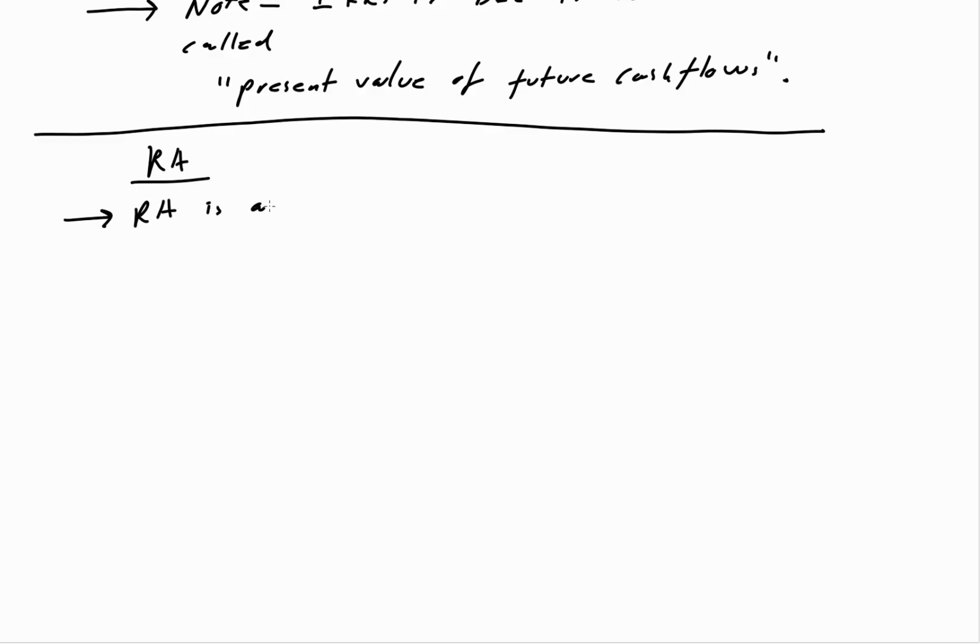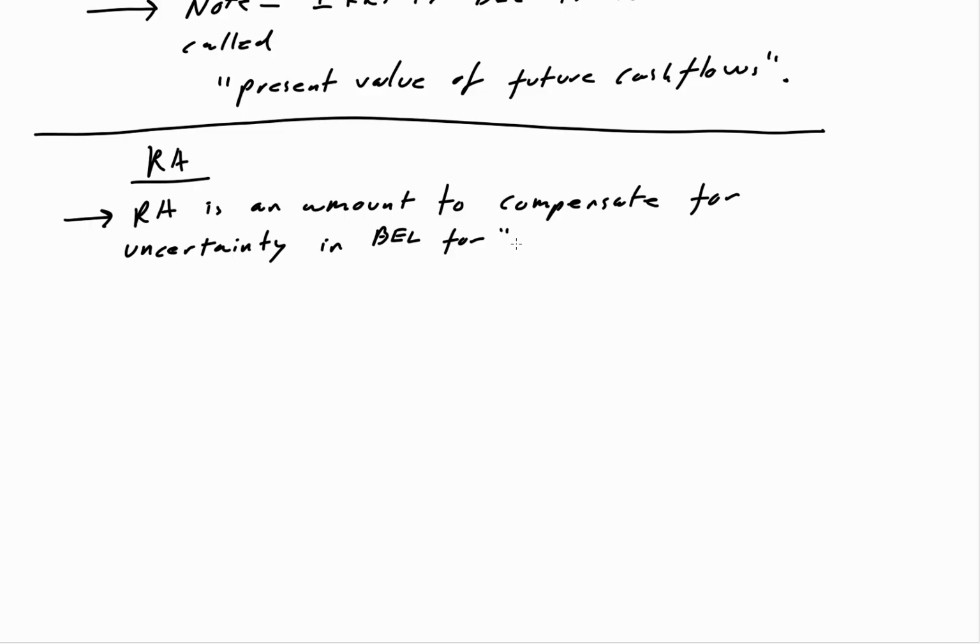RA is an amount to compensate for uncertainty in BEL for, in inverted commas, non-financial risks only.